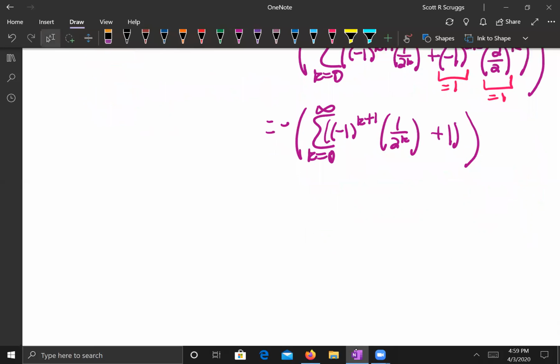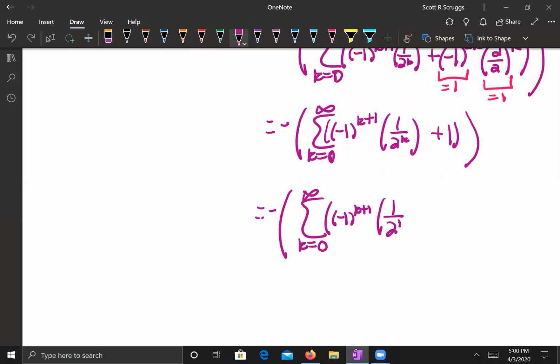Well, to show that, I'm actually going to split that up to make it more clear what's happening. And here I'm now going to show convergence or divergence for all of them.